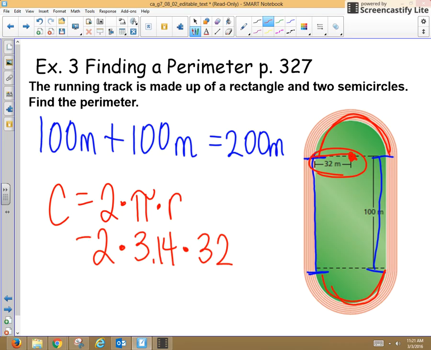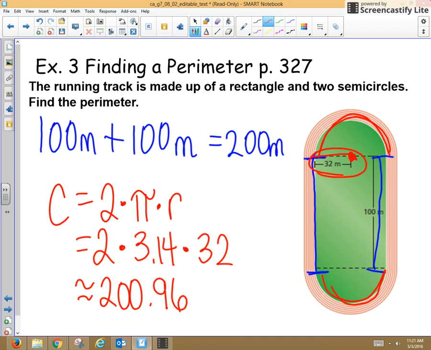As I work this out, I'm going to multiply 32 times 2, which is 64. And 64 times pi is going to be approximately 200.96. I'm okay if you use a calculator. This is a lot of calculation with decimals, so to save time, that's fine.